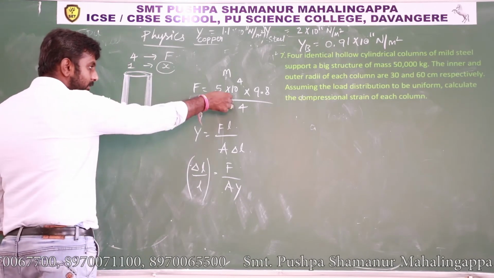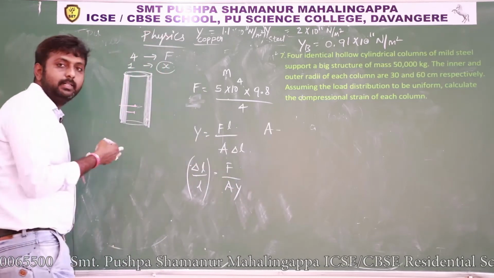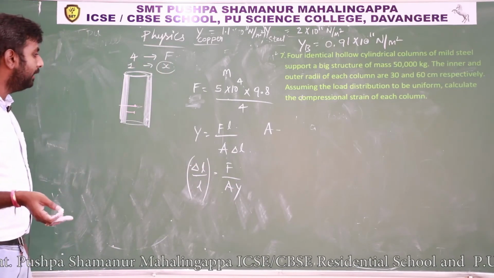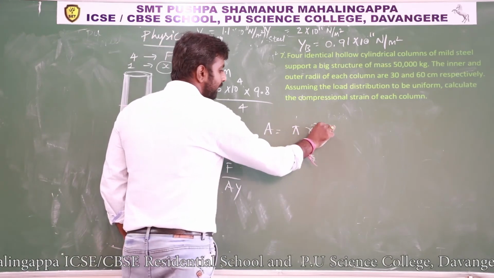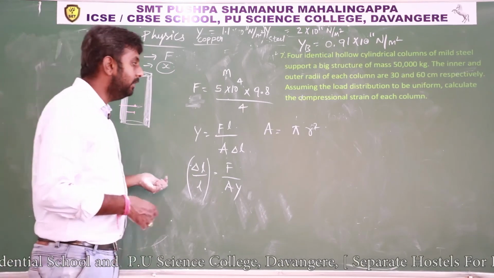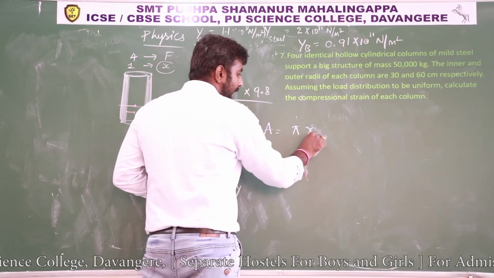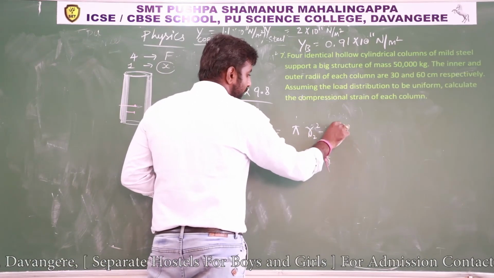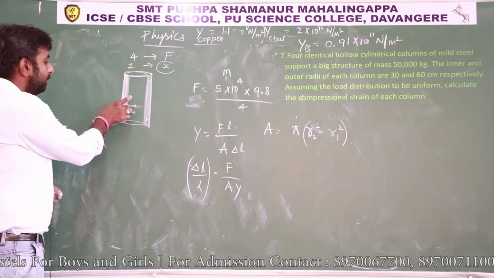For that, this is the value of F. And area, for a hollow cylinder, what area we have to consider? Normally area we will write pi r square, right? But here outer radius and inner radius both are given. That means the area becomes pi into r2 square minus r1 square, outer minus inner.